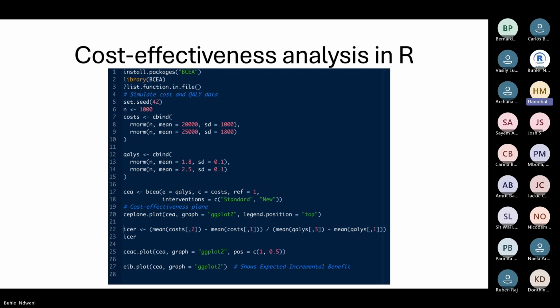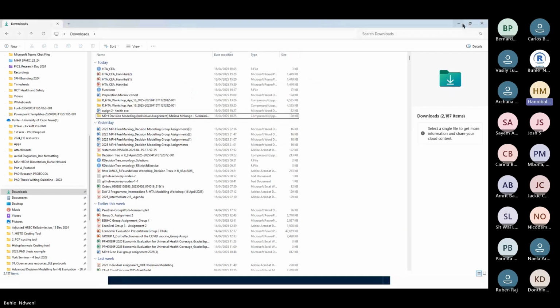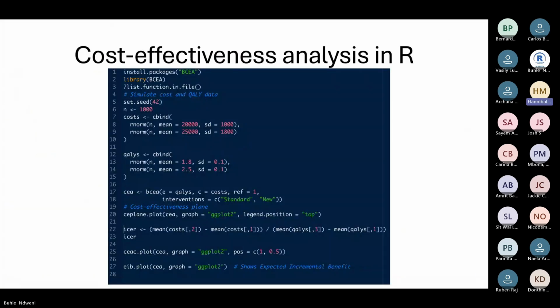So initially I had real data that I worked with, but I had a challenge with access to my other computer. So we're just going to use this one for now. This is a quick analysis using simulation of two interventions that were compared against the standard, and we're using the BCEA package.